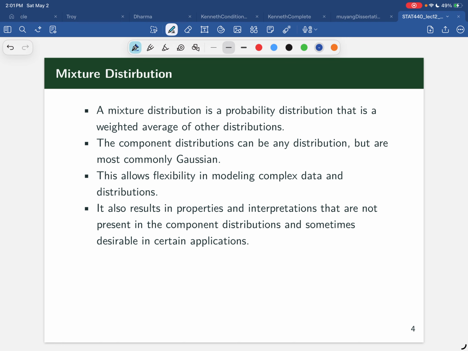Each of the individual distributions, I'm probably going to call the mixture components. They can be any distribution, but oftentimes we use Gaussian, that is normal distributions, because they're easy, familiar, flexible, and they also add nicely. As I've already said, thinking about a mixture distribution allows us a lot of flexibility.